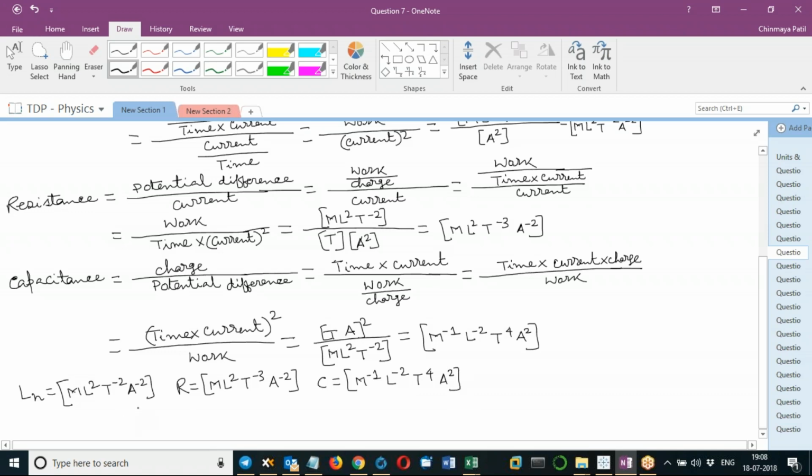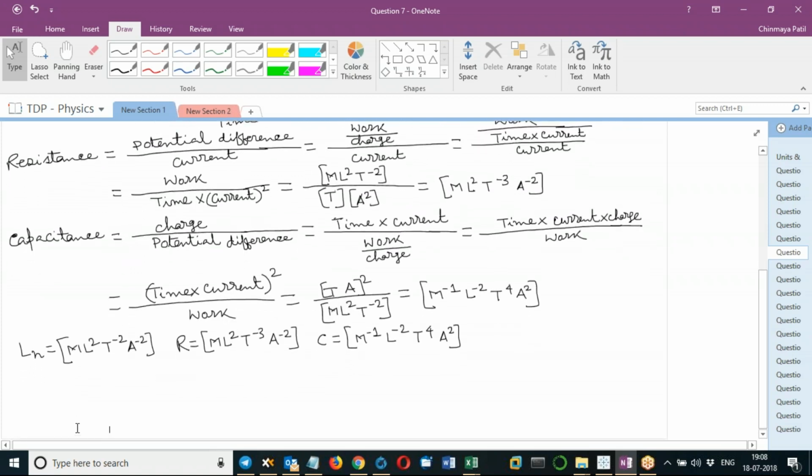Now let's see what L by R is. L, as we derived, is M L square t power minus 2 A power minus 2, and R is M L square t power minus 3 A power minus 2.